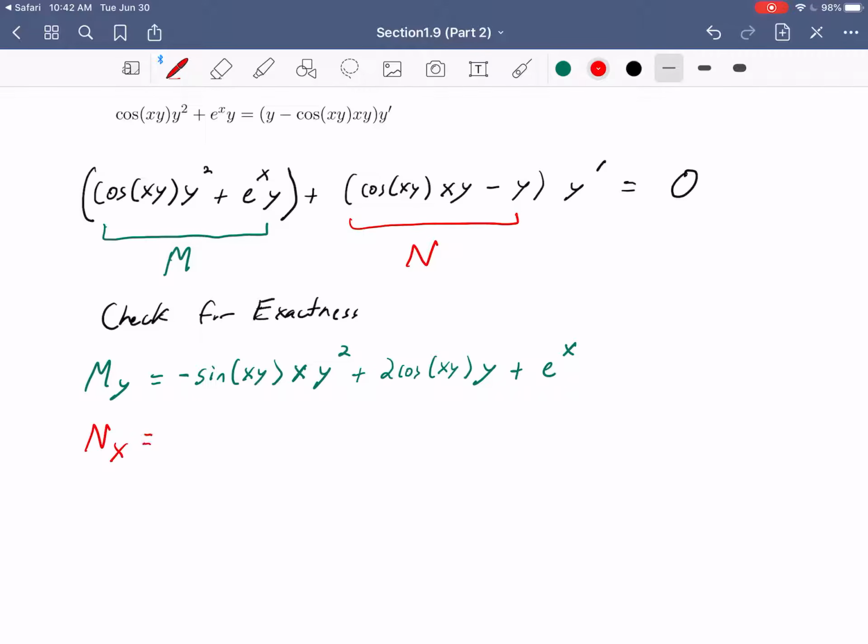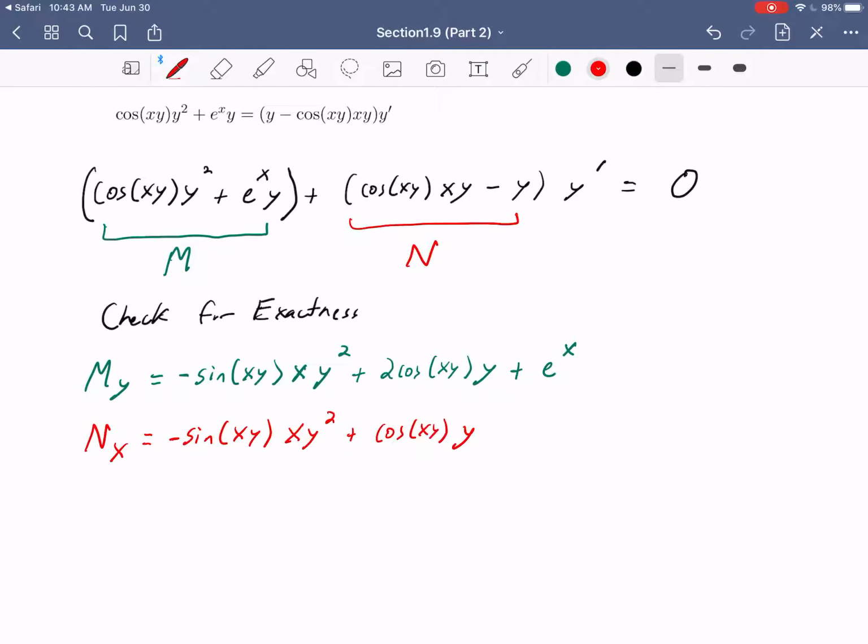Let's look at our N sub x. Same thing, it's going to be a product rule initially. Differentiating the cosine, we get negative sine xy. Differentiating the inside, we get a factor of y, so we get xy squared. Then we differentiate the x, so that just drops out, so we get plus cosine xy times y.